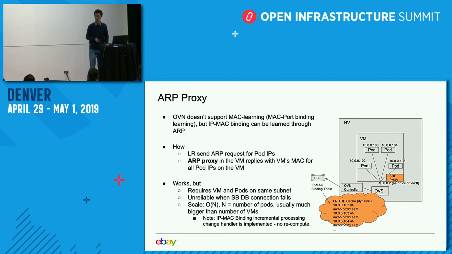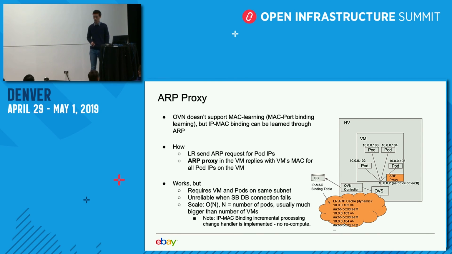This information will be populated through the MAC binding feature, or you can say the IP-MAC binding feature, of OVN. This information will be learned from the OVS flows and passed to the OVN controller, and the OVN controller will further populate it to the southbound DB. The southbound DB MAC binding table will be learned by all the hypervisors, so all the hypervisor Open vSwitch instances will get this information.